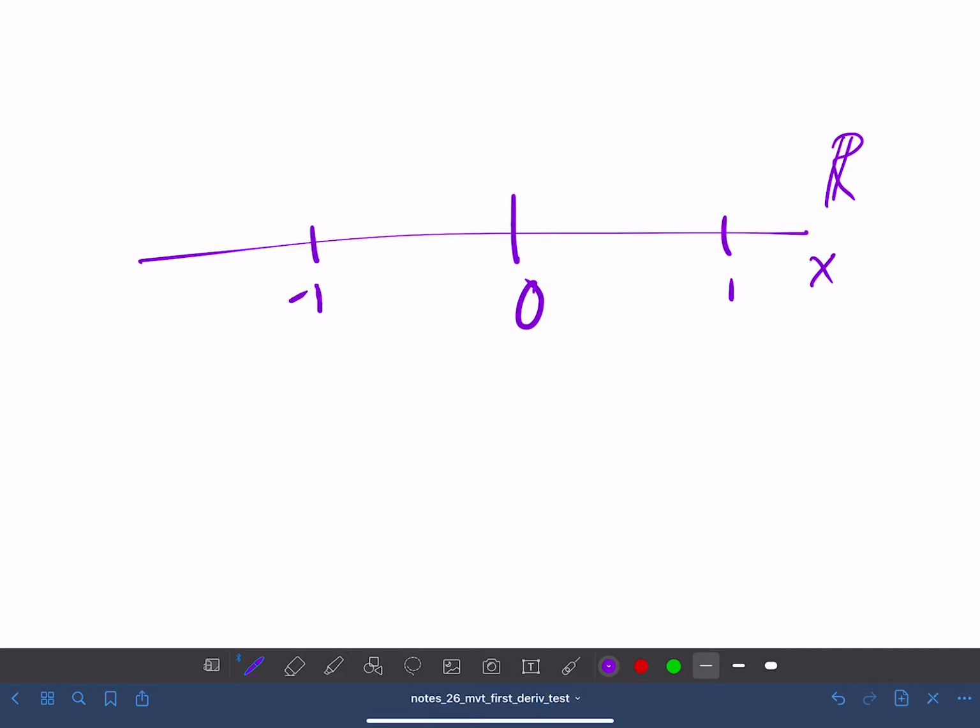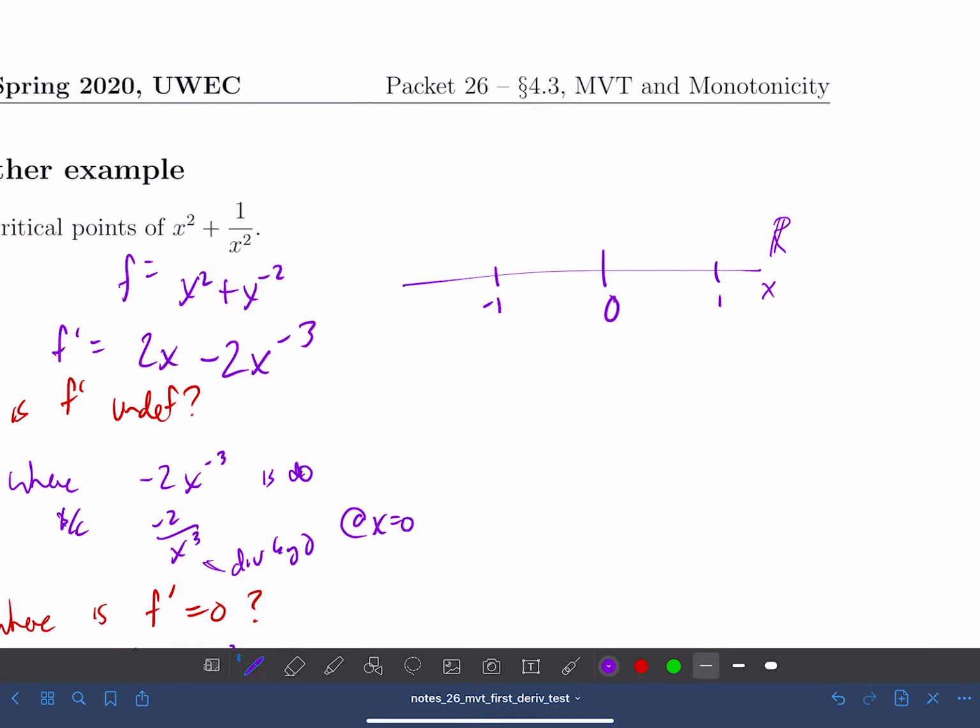Okay, done with that. Now I need my test points. I'll need 4 test points. Let's make that one be -2 because out here is infinity and it's nice to work with.